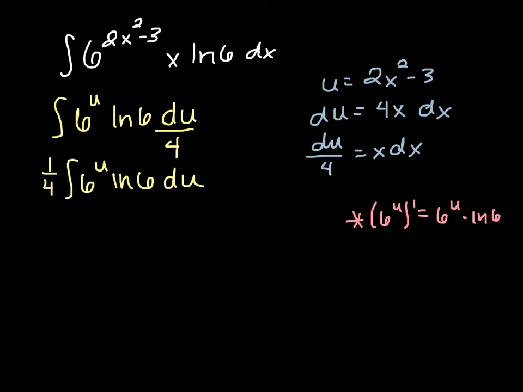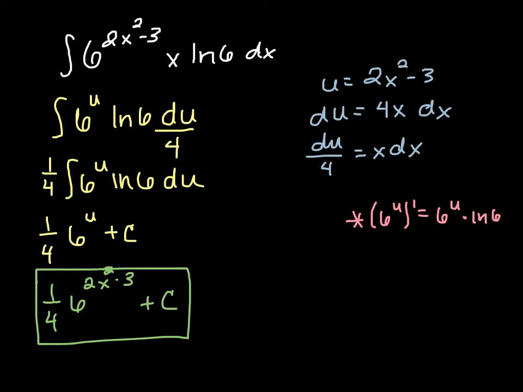So that means the integral of 6 to the u times natural log of 6 is just 6 to the u plus c. Now we're going to replace our u. And there we have it.